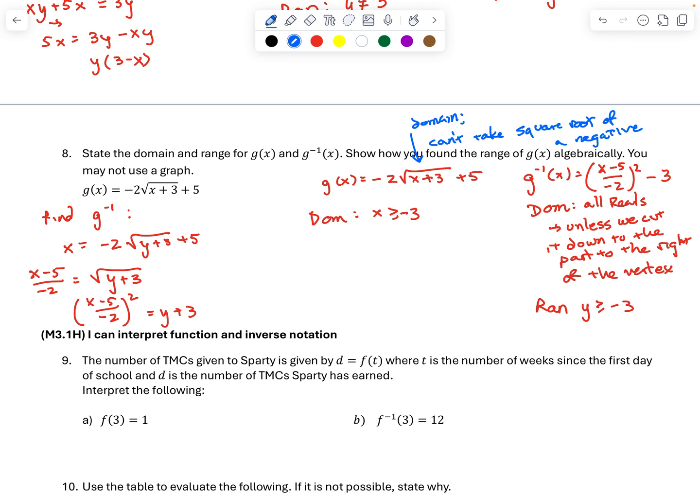So notice that these work, but the range of this, well, there's 2 ways to do it. The easy way to do it is to just look at g. Let me write this so you can tell it's an explanation.